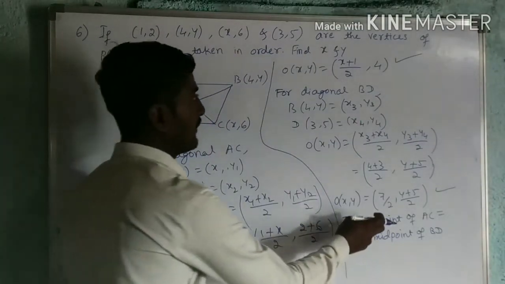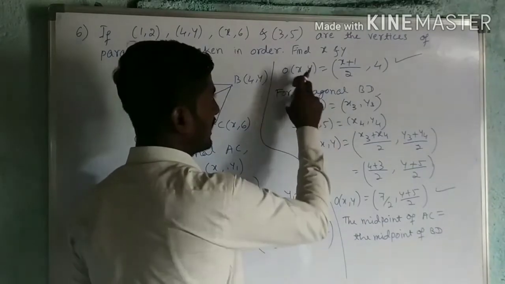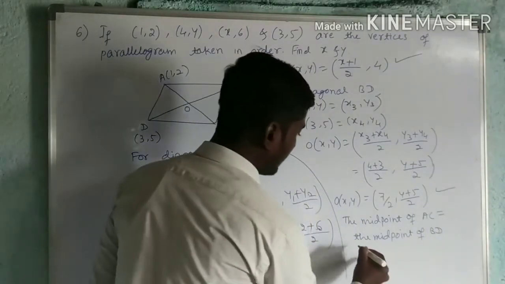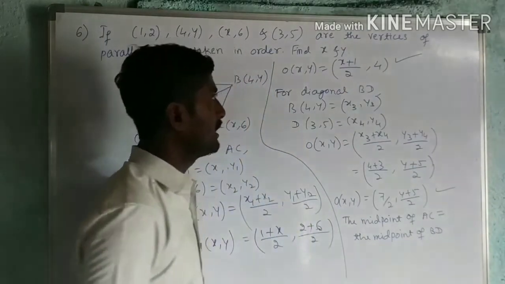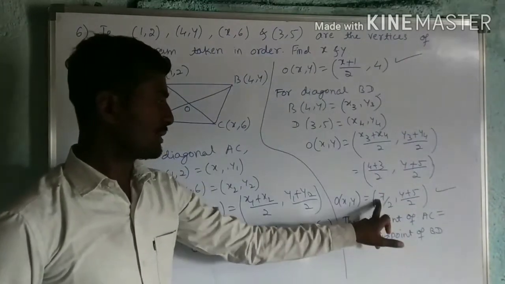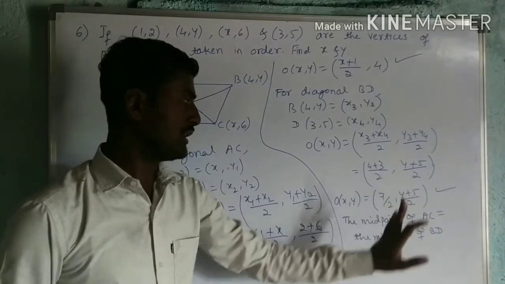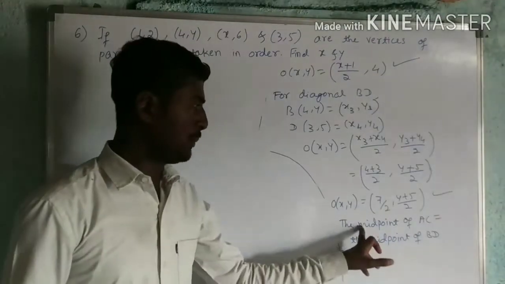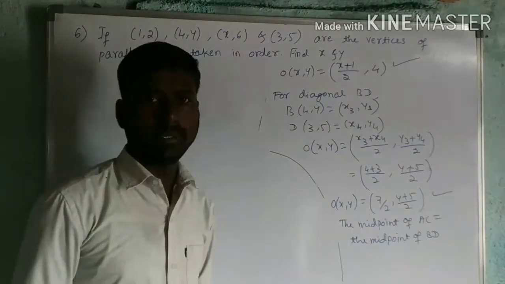Now midpoint of AC, so here these two are equal. So what can I take here? X plus 1 divided by 2 comma 4 is equal to 7 by 2 comma y plus 5 divided by 2. I will take the midpoint of AC is equal to the midpoint of BD.